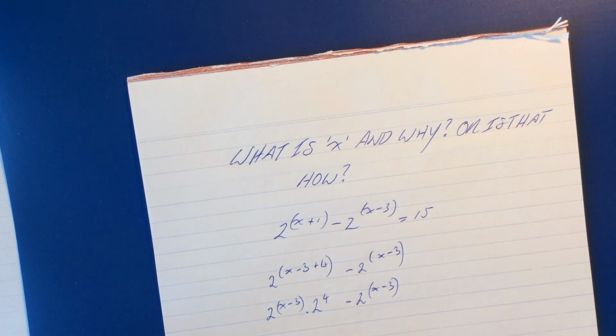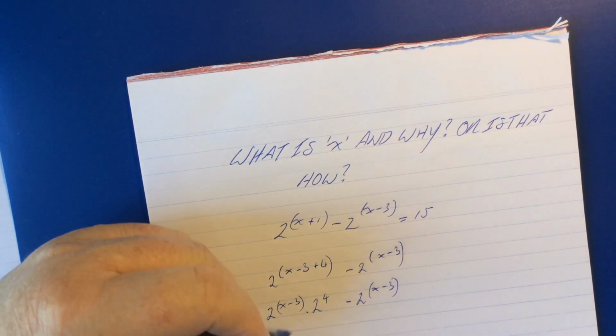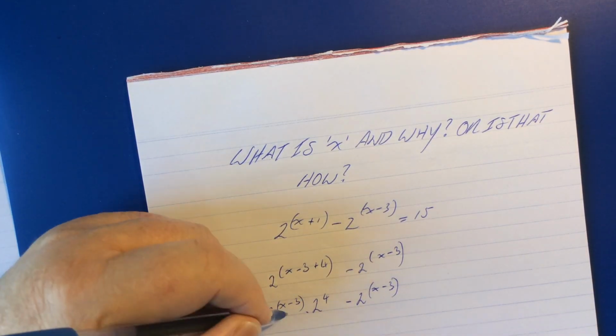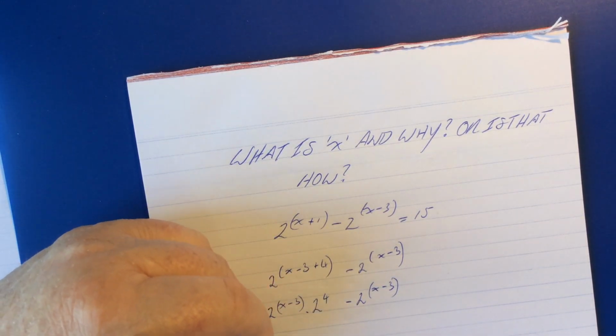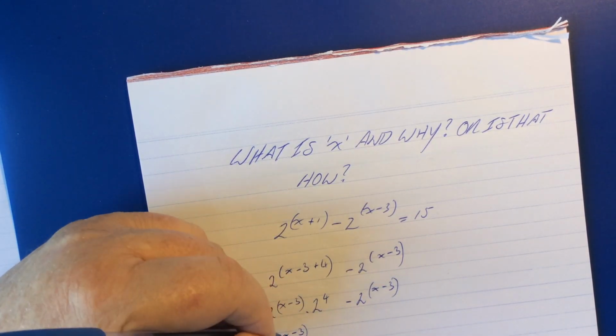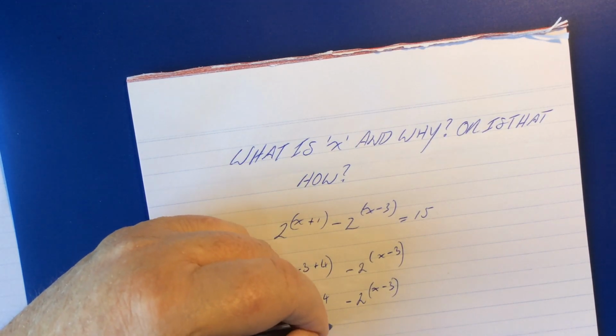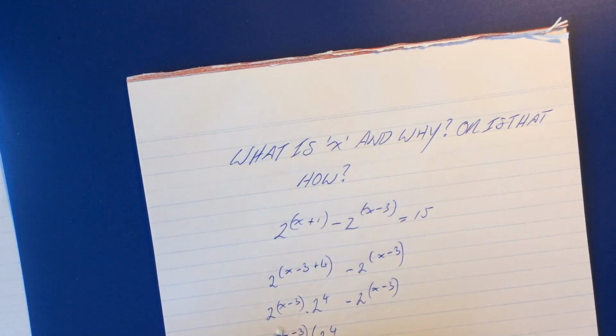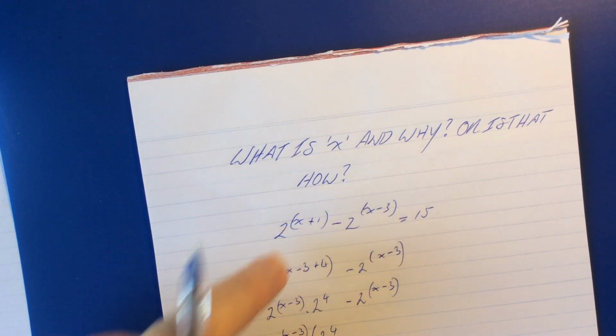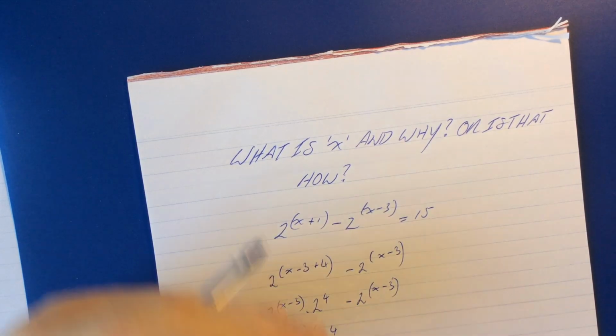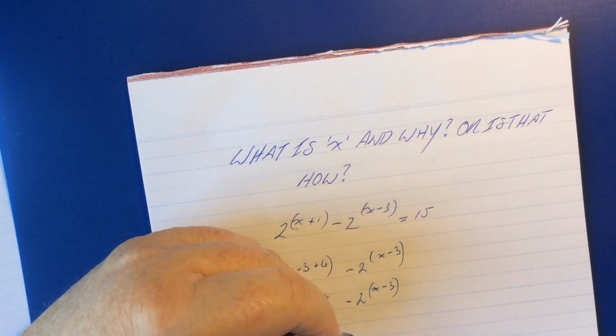Now, what's the benefit of that? Well, watch. I've got a common factor here: 2 to the power of x minus 3, times 2 to the power of 4, yet another way of writing this, or this, or this, all the same thing, bear that in mind.